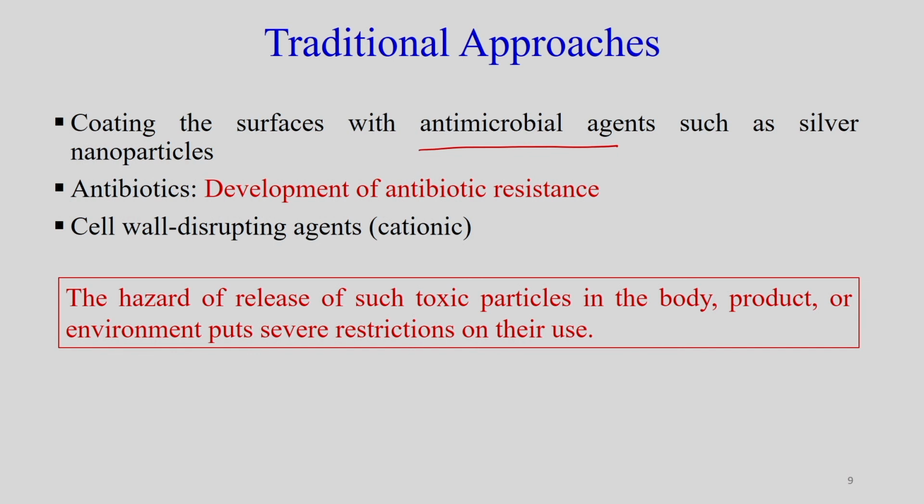If you coat the surface, it is expected to kill the bacterial pathogens. Another example is to apply antibiotics, and a third example is to apply cell wall disrupting agents which are particularly cationic in nature.